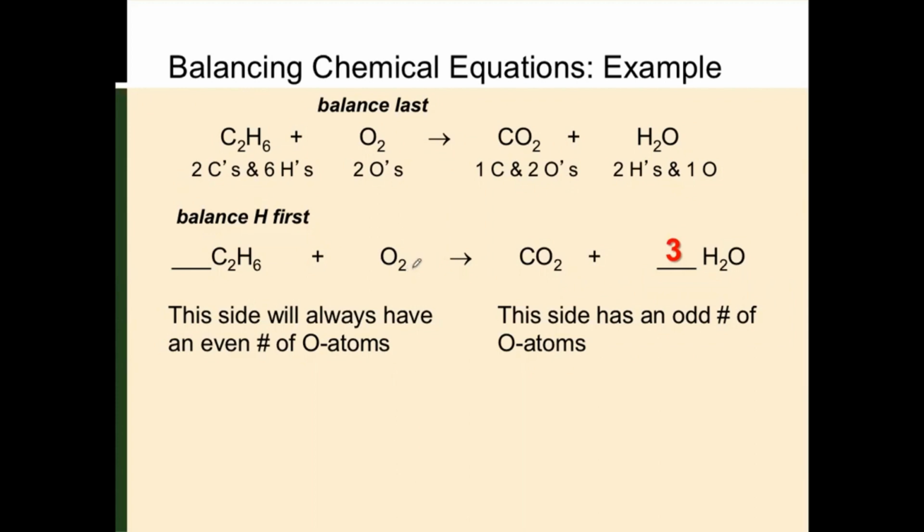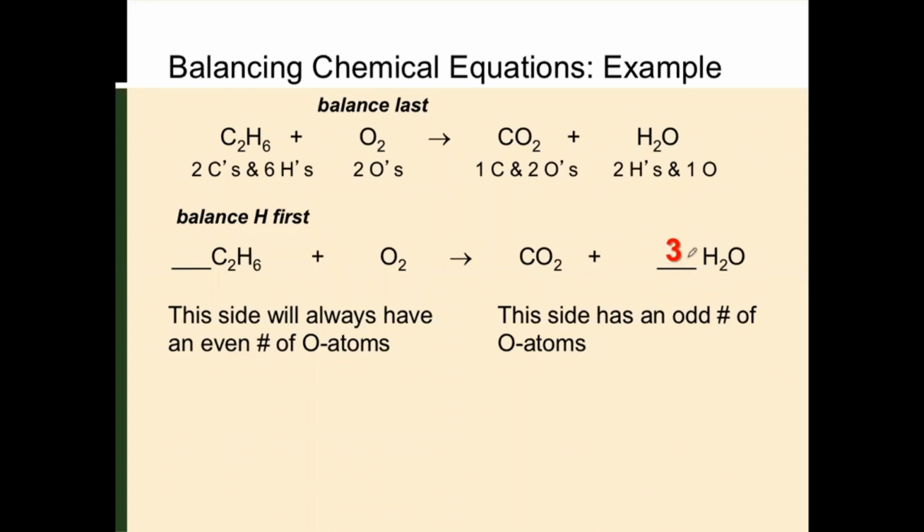We cannot go 2, 3, 4, 5, 6, because every time we add an oxygen molecule, we're going up in increments of 2. But if we have a 3 here for our water, that will give us 3 oxygens here plus 2. That's 5 oxygens, an odd number of oxygen atoms. We cannot achieve balance in that situation.